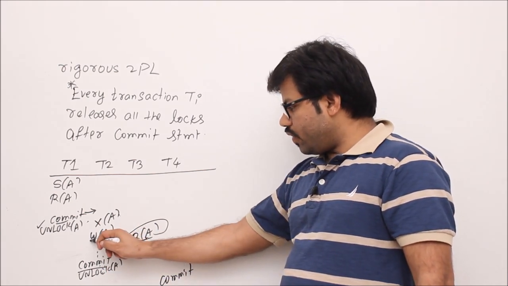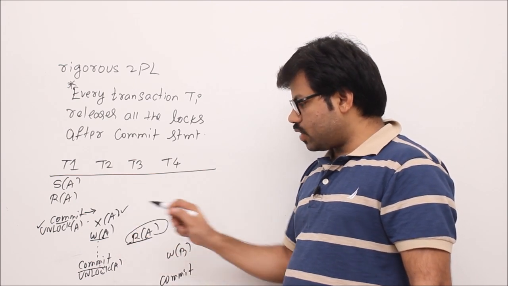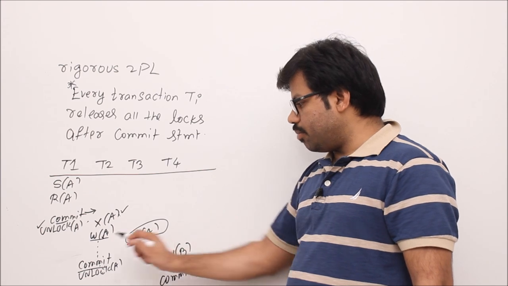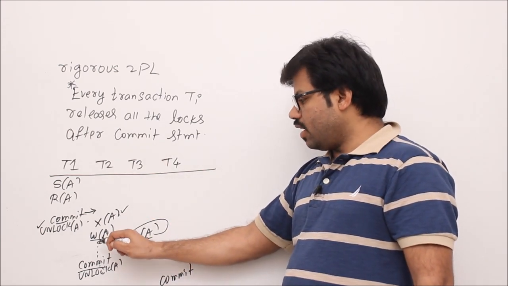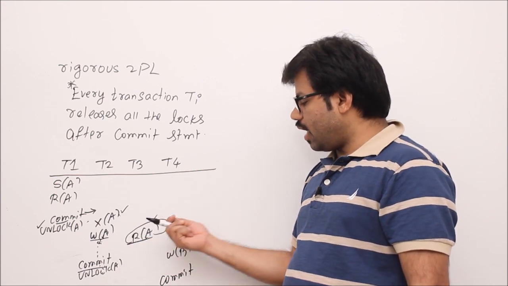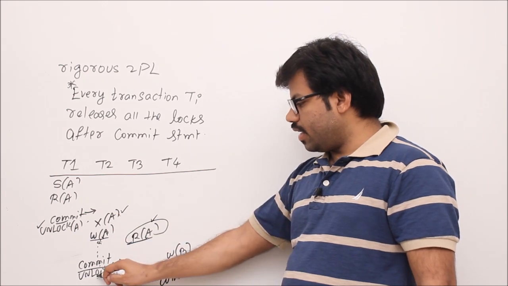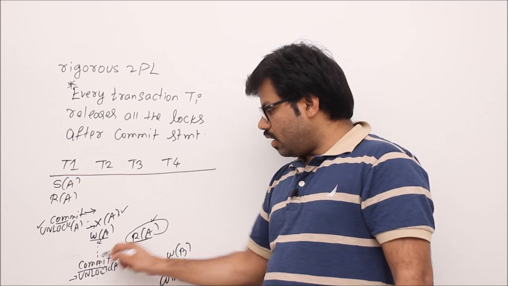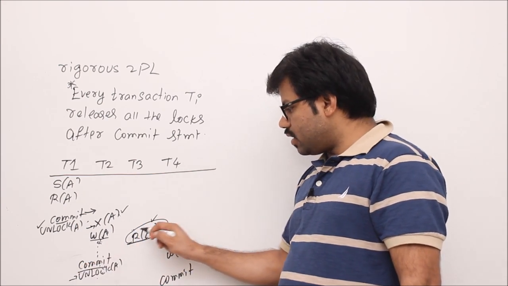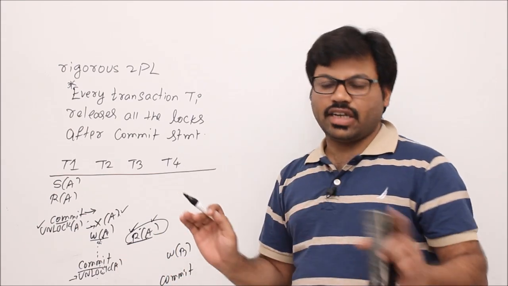Whenever we get write of A, we acquire exclusive lock, but we don't release it immediately. In general 2PL, we might release it immediately and probably this T3 can acquire it. But here the problem is every lock will be released at the end. So if it is acquired here, it will be released here. Then your transaction's read of A is placed here in between. So this exact schedule will not work.